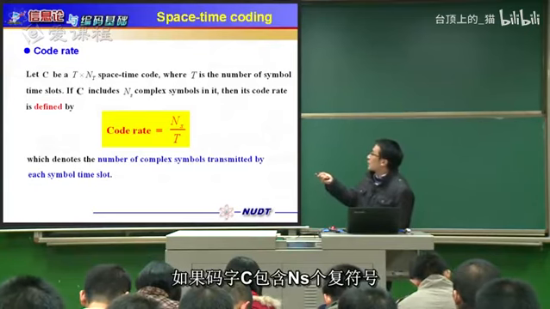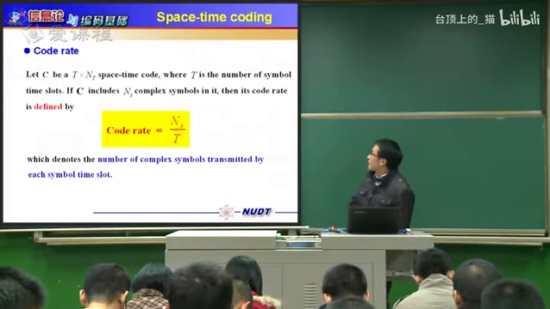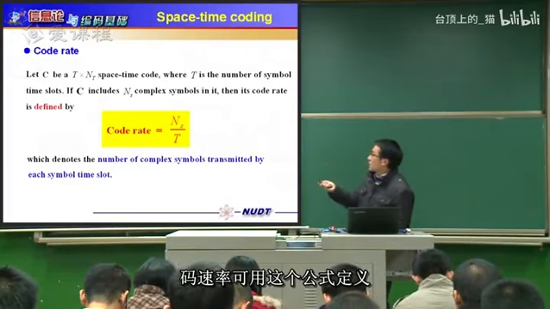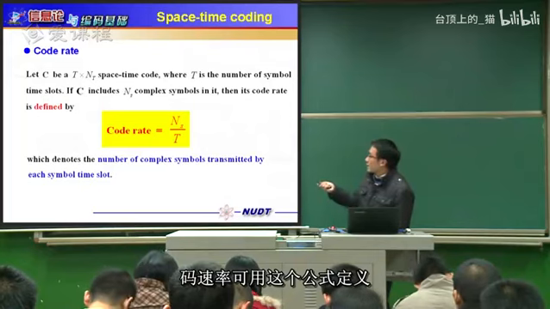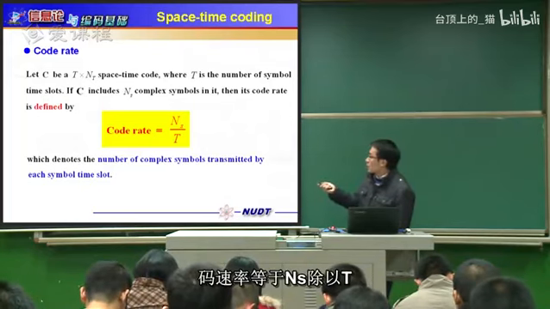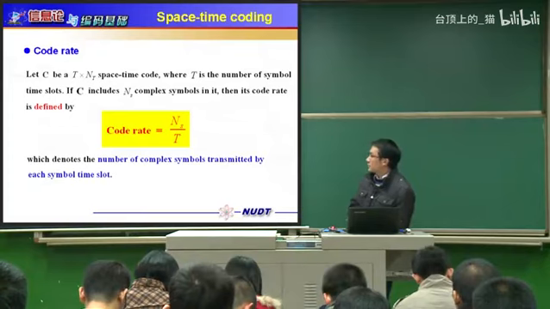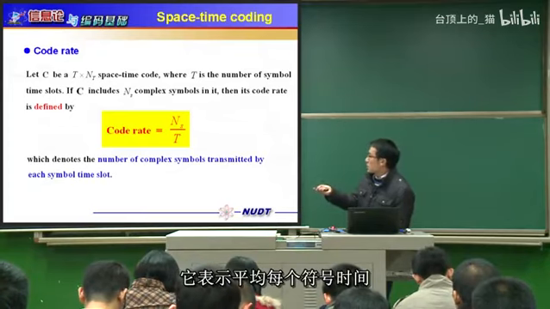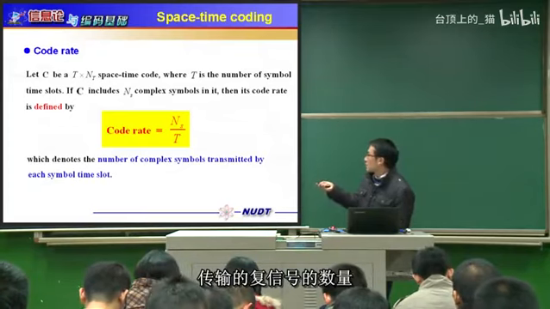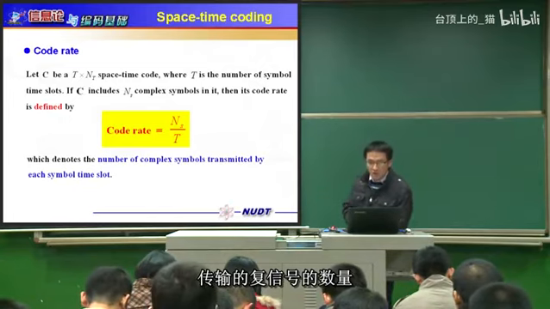If C includes NS complex symbols, then its code rate is defined by this expression. So the code rate is equal to NS divided by T, which denotes the number of complex symbols transmitted in each symbol time slot.